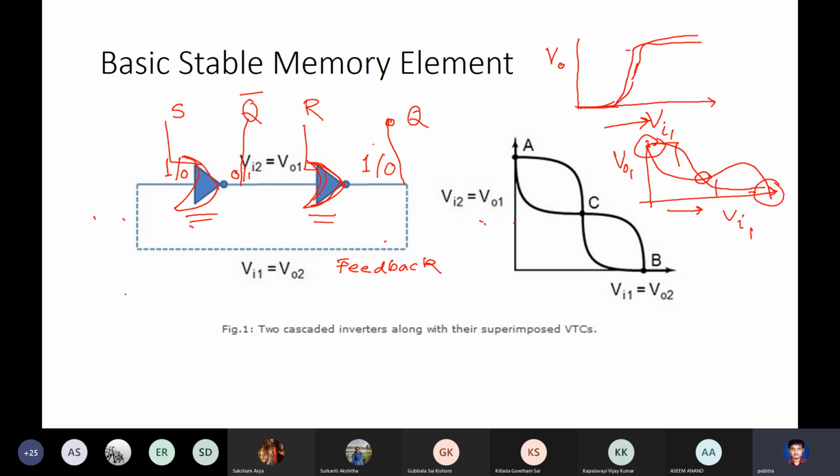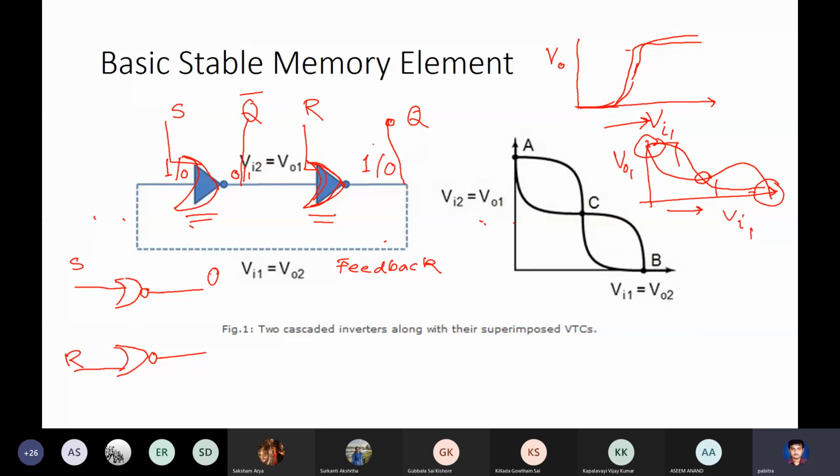Let us write down this NOR gate circuit in a slightly different manner. The same circuit, I am drawing it in a different manner. Okay, so this is one of the inputs of the NOR gate.